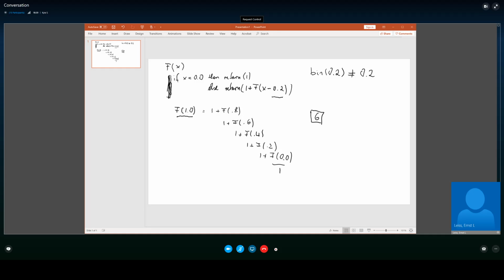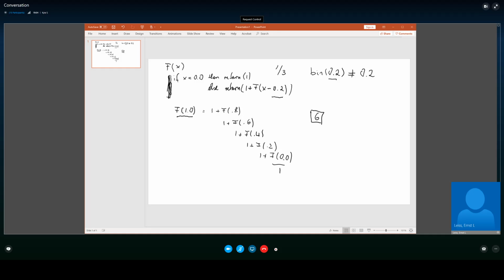Now, I'm sort of misleading you, because had I written 1 divided by 3, then you would all know perfectly well that that doesn't have a finite representation in decimal, and therefore also not in binary. But point 2 has a finite representation in decimal, but it does not have a finite representation in binary.